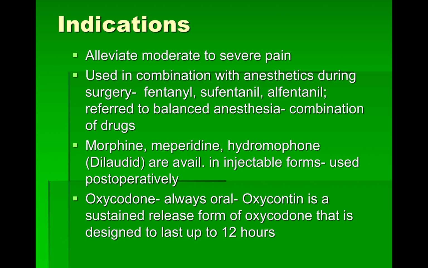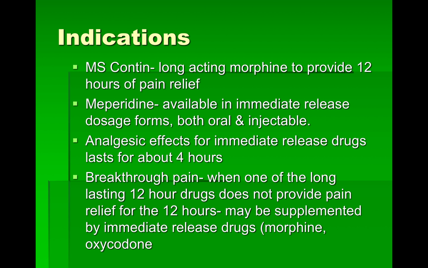Now you're probably thinking, well, why would we ever need to do that? Well, people with cancer pain. And here we have MS Contin. That would be morphine sulfate, long-acting morphine to provide 12 hours of pain relief. It's not just morphine, it's got that continual dose element to it, or chemical makeup, release time, the way it's dissolved.